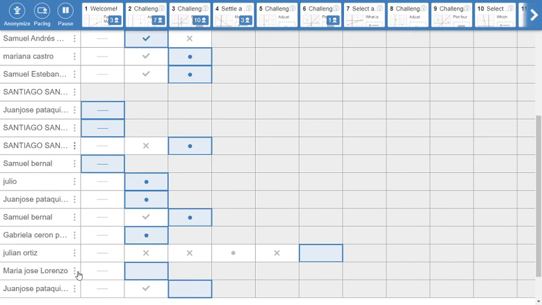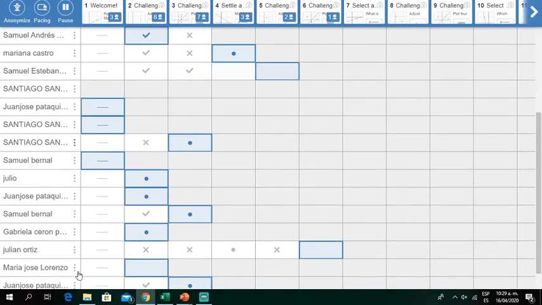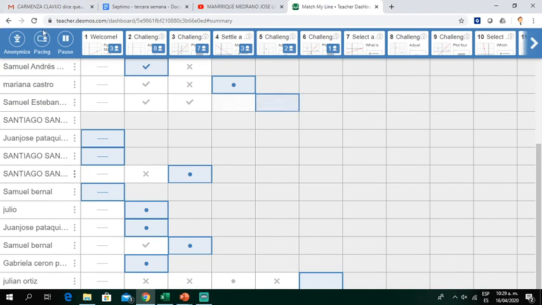The page, I mean, it's student.desmos.com. That's the web page, but don't worry because now I'm going to pause the activity.